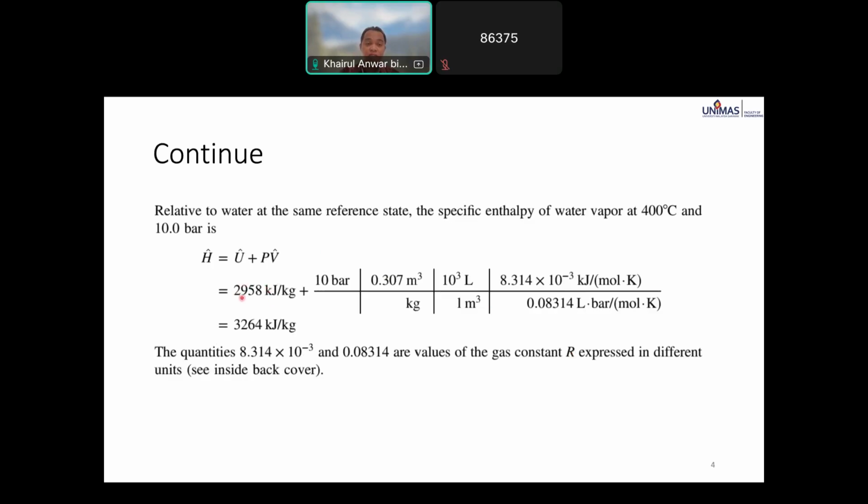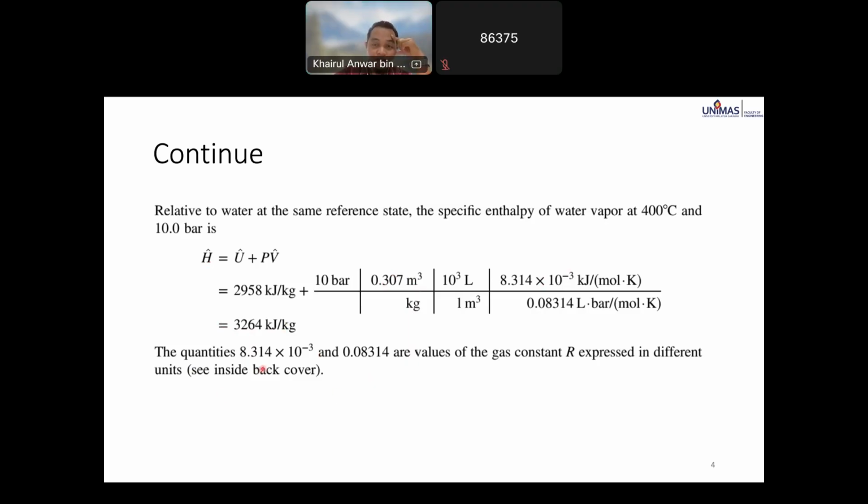Since we have the value for U, and P is the pressure, V the specific volume, with unit conversion, then we have H, or specific enthalpy, equal to 3264 kilojoule per kilogram. So 3264 kilojoule per kilogram is the same as the value in table B7, page 651.